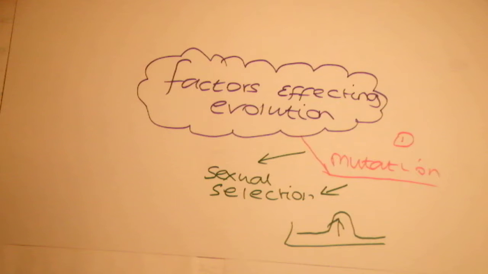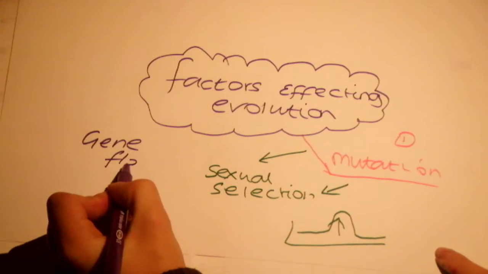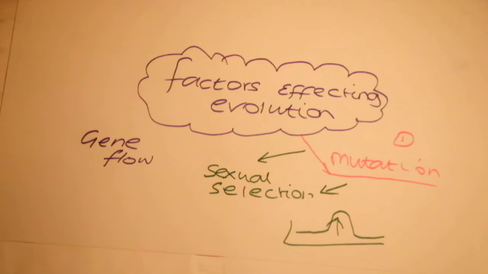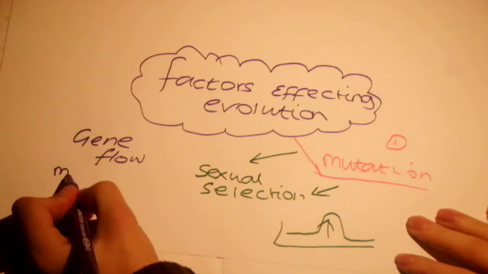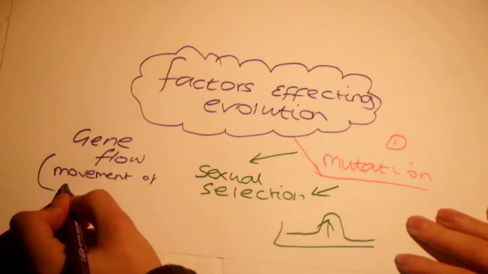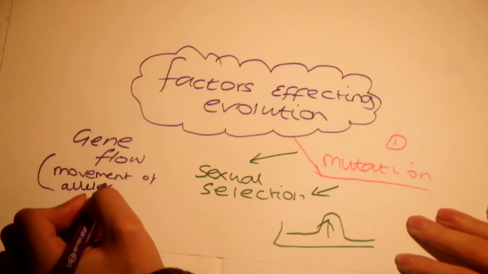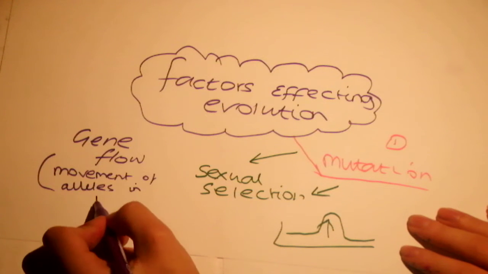And then we get gene flow. So gene flow is the movement of alleles in the populations, so immigration and emigration. So this is the movement of alleles in the population.